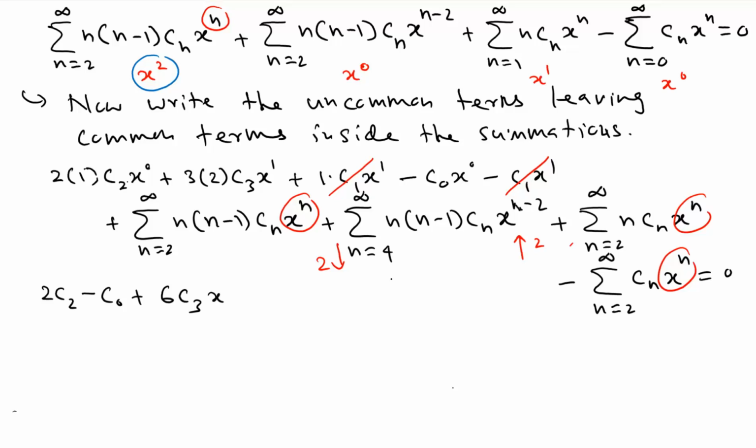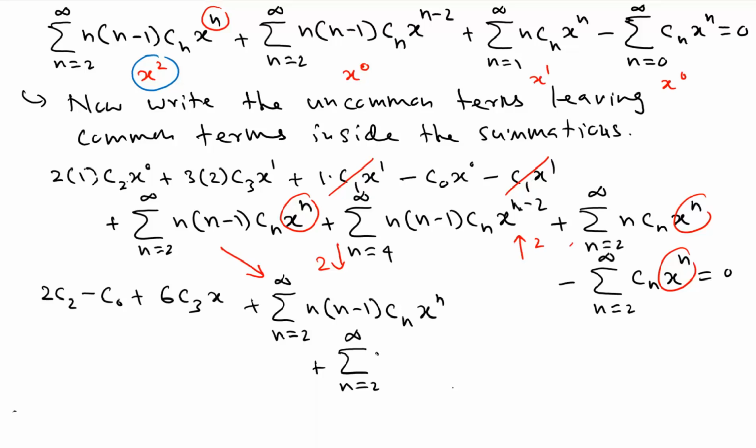So first change the index of that one. So there's a lot of writing here. Let's write this as the first term, n equal 2 to infinity, n minus 1 cn xn. That's simply coming from here, and then plus, here we need to bring it down. So sigma n equal 2 to infinity.